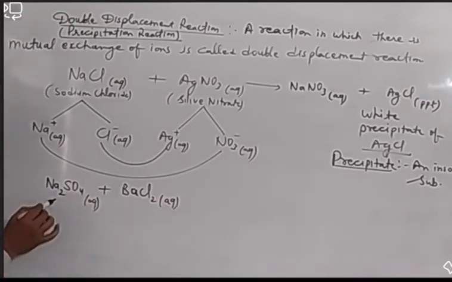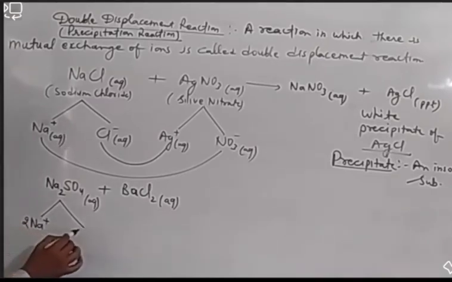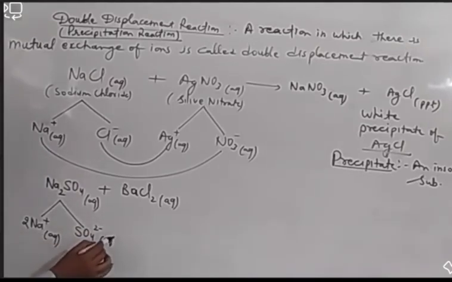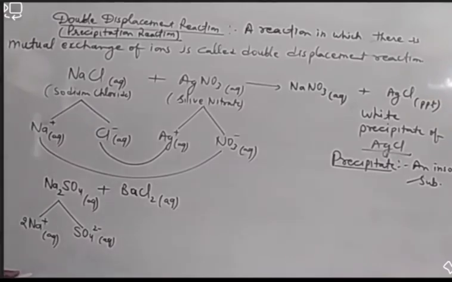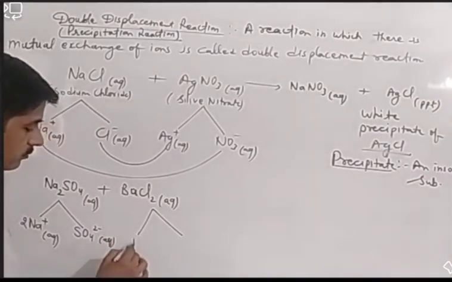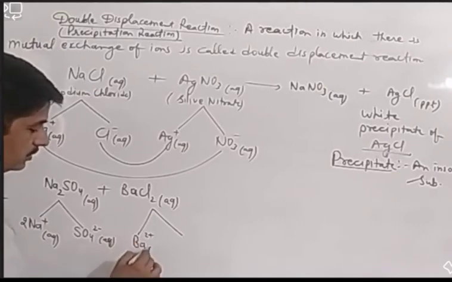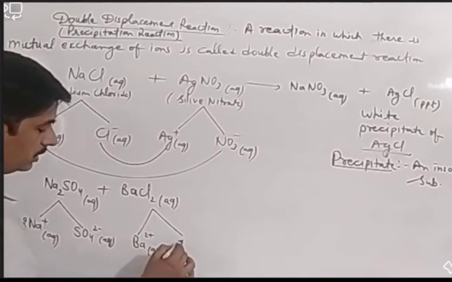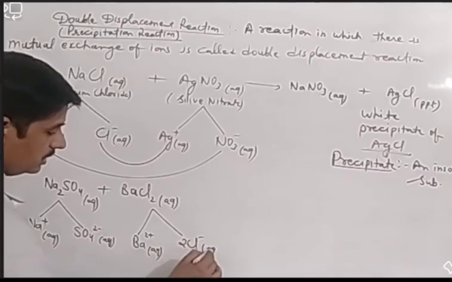In sodium sulfate we have two types of ions: 2Na+ and SO4 2-, both aqueous, meaning they are in water solution. BaCl2 also has two types of ions: Ba2+ (aq) and 2Cl- (aq).